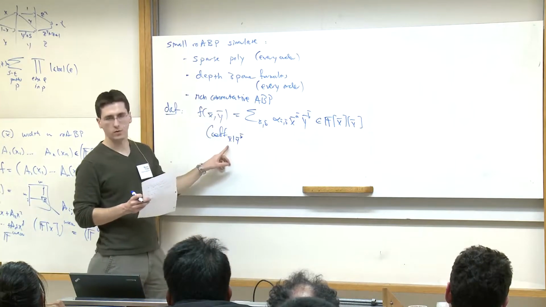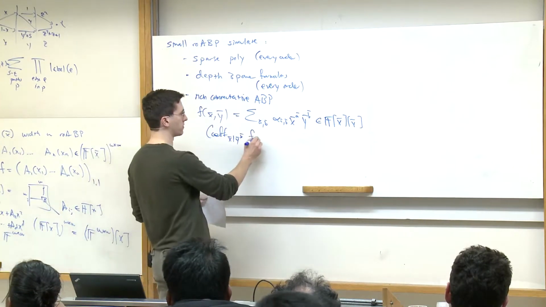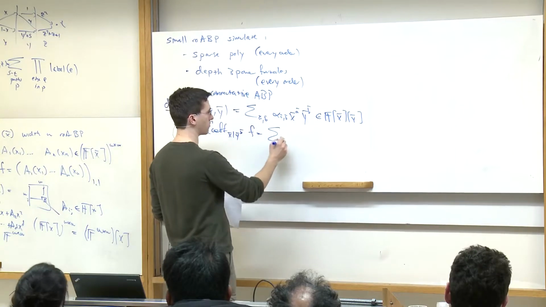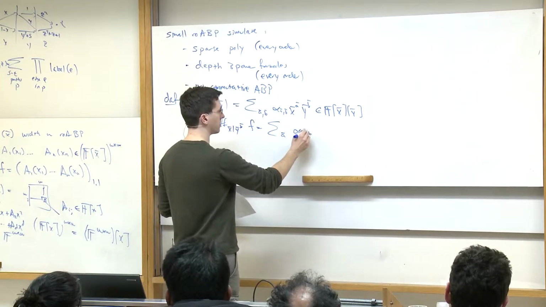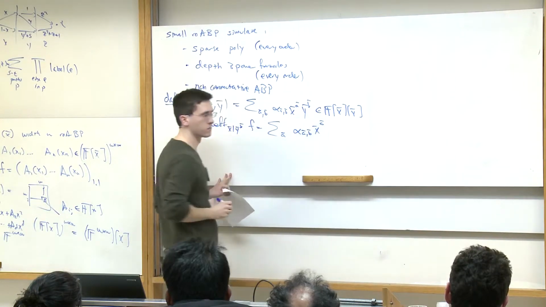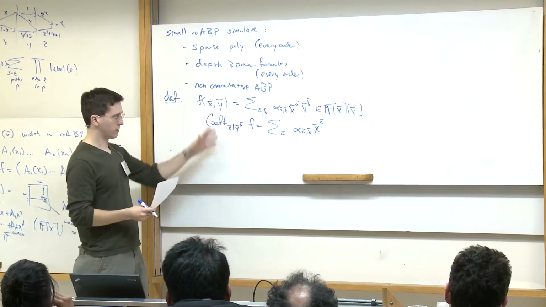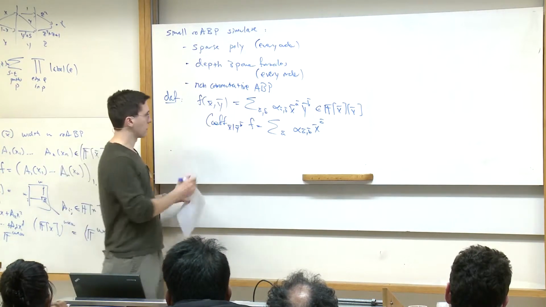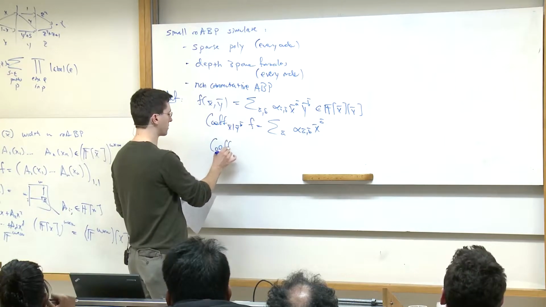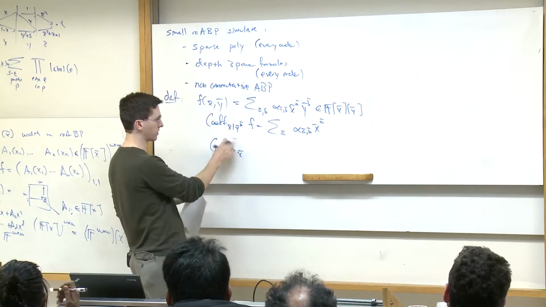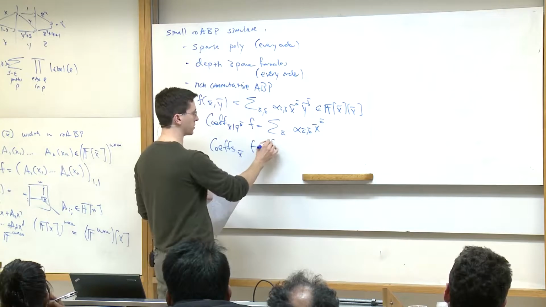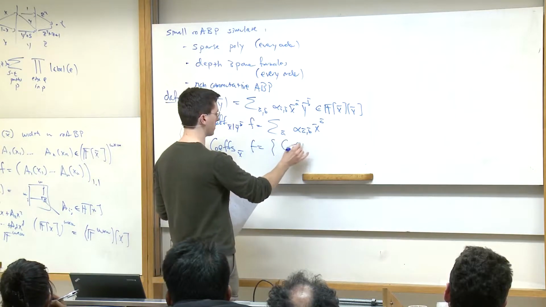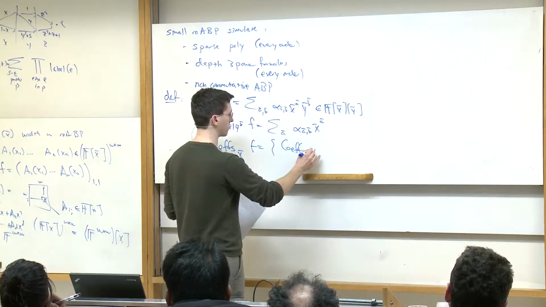I'm going to get a polynomial in x. So what is the coefficient of f here? This is going to be the sum over a of alpha_ab x to the a. That's just my notation. The space of coefficients in x, with a pluralization added here, is just the space of all coefficients as you range over all b.